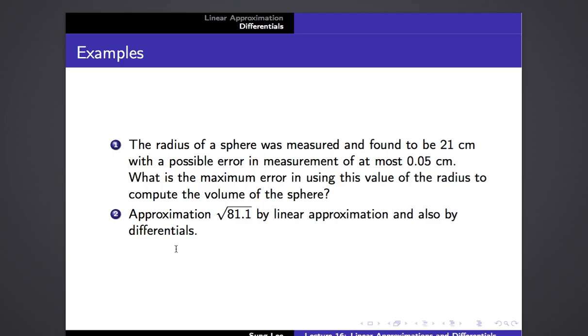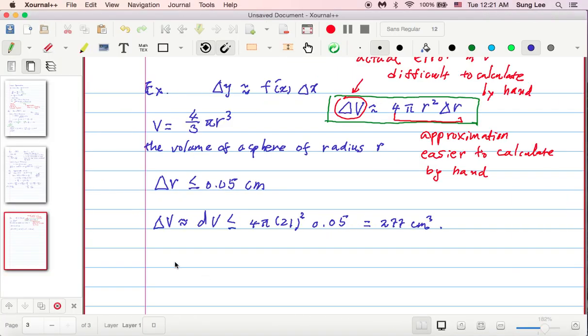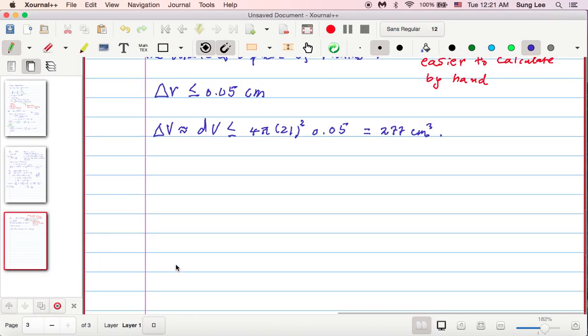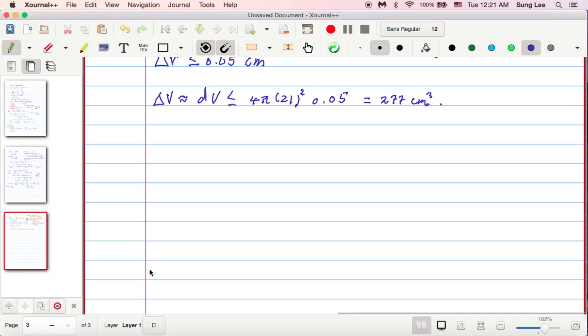This example will illustrate that the two methods are essentially the same, equivalent. Let me get to my notepad again. That's going to be our last example, actually the last thing I want to talk about.